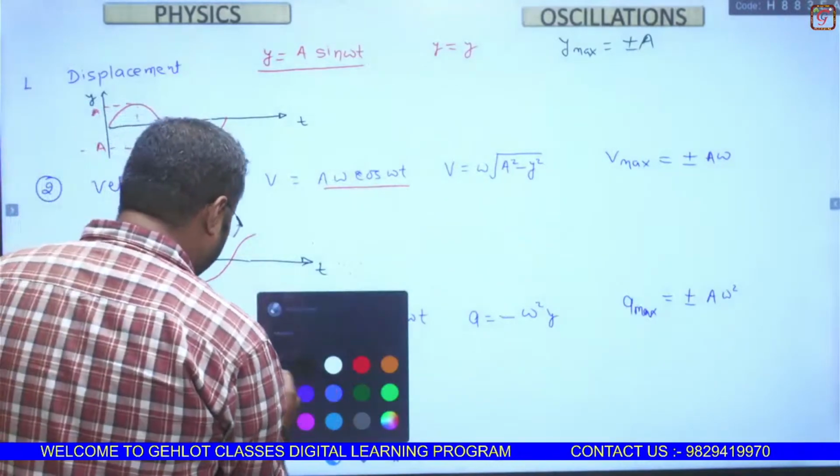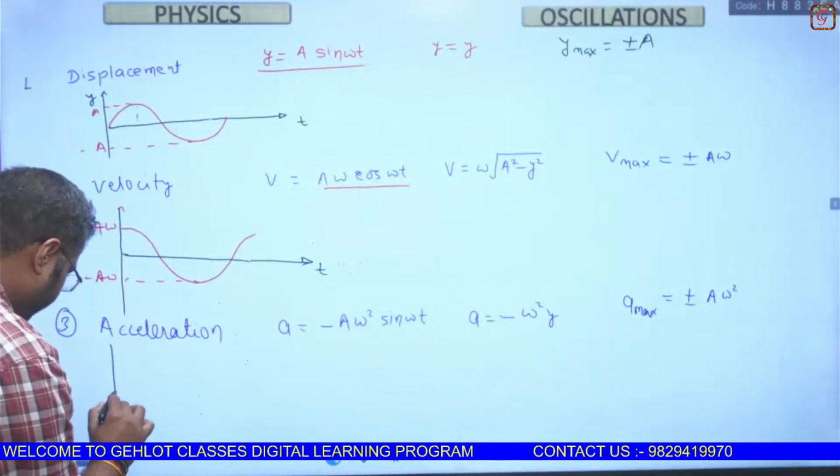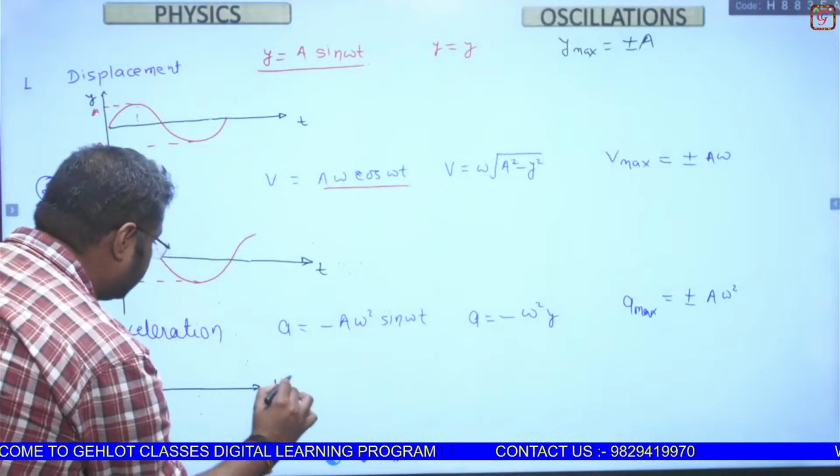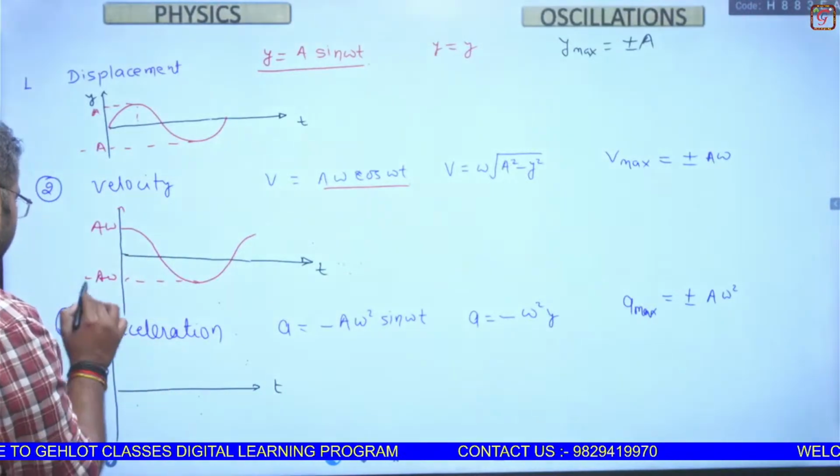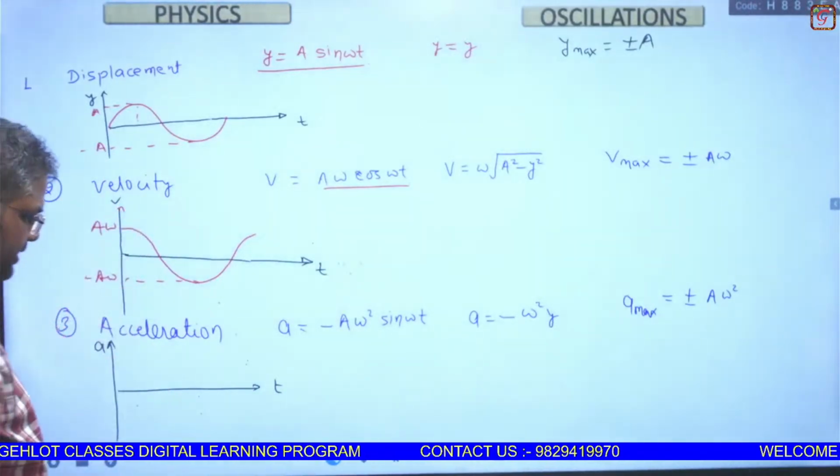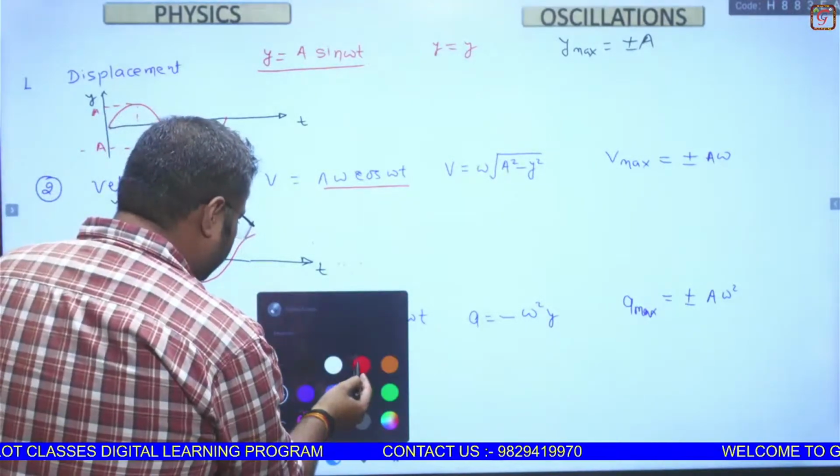Let us try to draw the graph. This is time axis, this is acceleration a, this was velocity v. Now, can you draw the graph here?